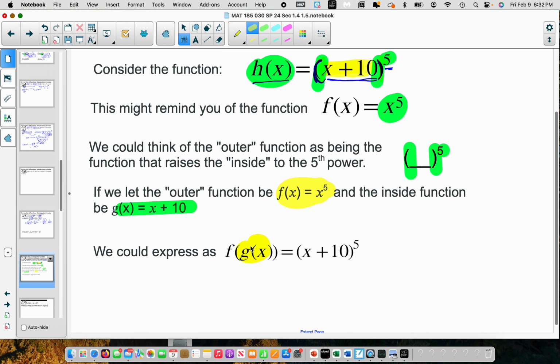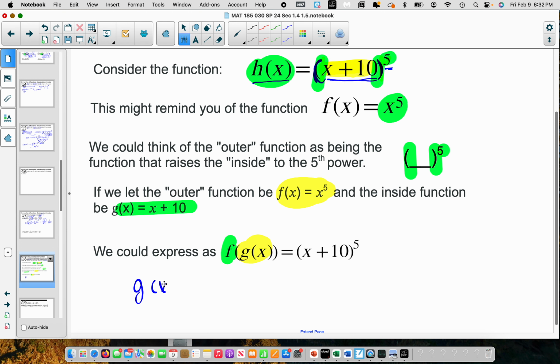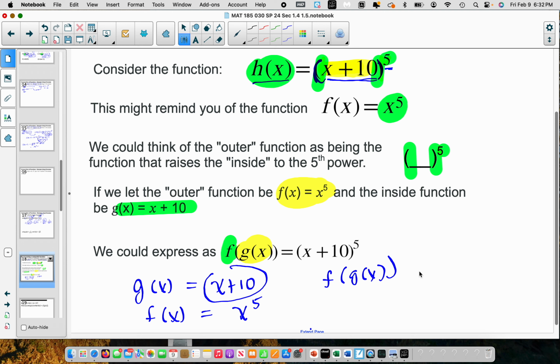So g of x is on the inside, f of x is on the outside. Then f of g of x would be f of x plus 10, which would be equal to x plus 10 to the 5th power.